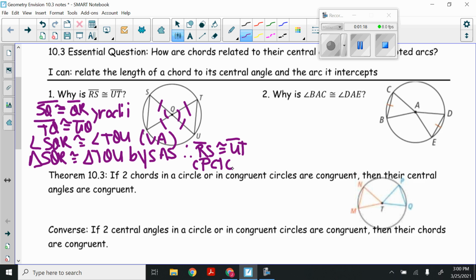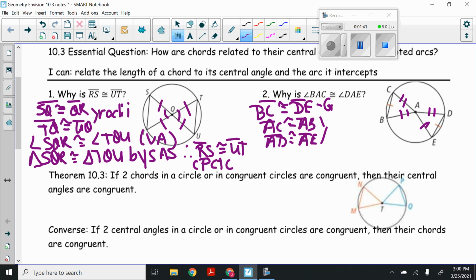Okay, well, so I start out, they told me that BC was congruent to DE. I know that AB, AC, AD, AE, all of those are congruent because they're radii. So AC is congruent to AB, AD is congruent to AE.